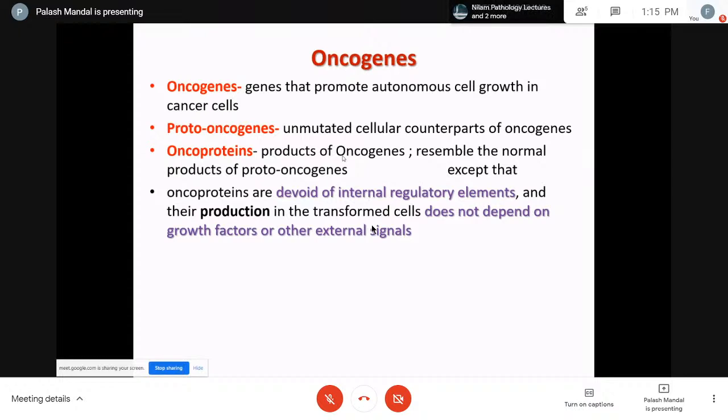They are devoid of any internal regulatory mechanism. This is important, because normally the proteins which are the product of the proto-oncogenes have some internal regulatory mechanisms. There is always a balance. I have told you, there are always checks and balances for any process in the body.